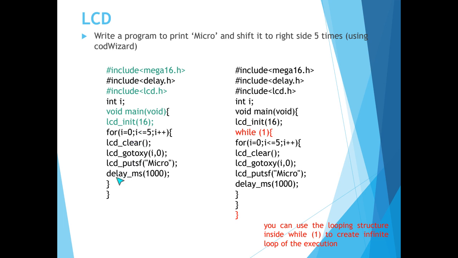We should show that in the first column, for example, the micro is deleted, and in the second column it is shown. To do that, we need to add LCD clear, and also we need to add a delay.